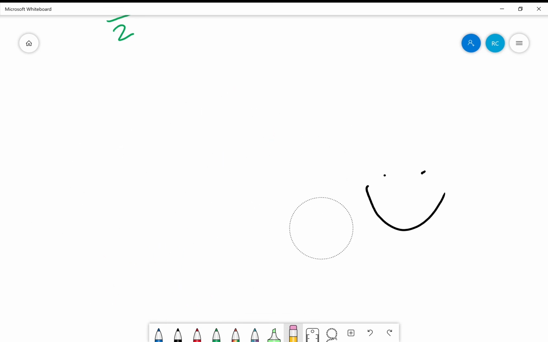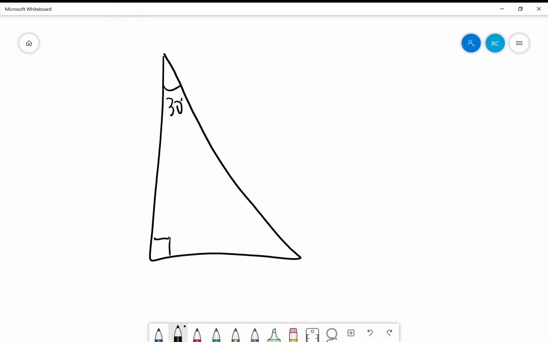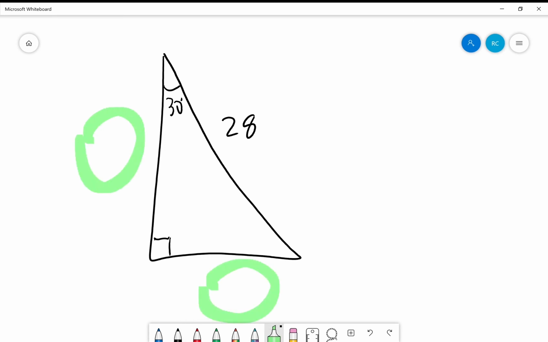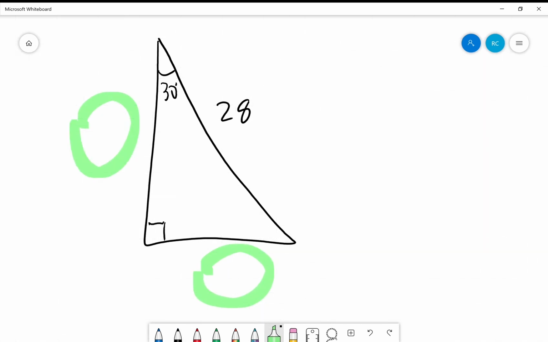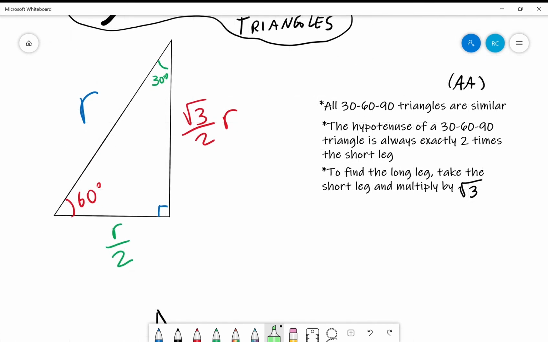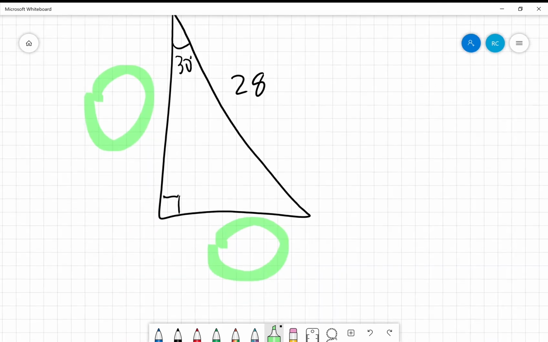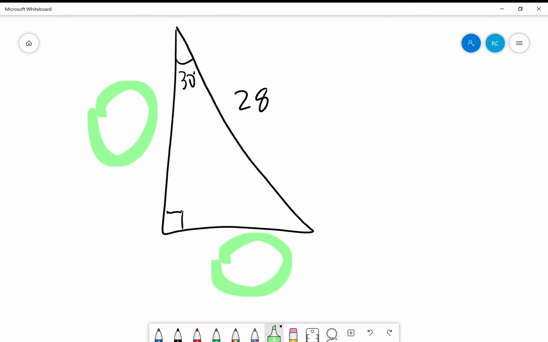Let's do another one. This time I'm given the hypotenuse is 28. Okay? The hypotenuse is 28, and I'm looking for the other two sides. Well, again, the hypotenuse is double the short leg, so the short leg should be 14.